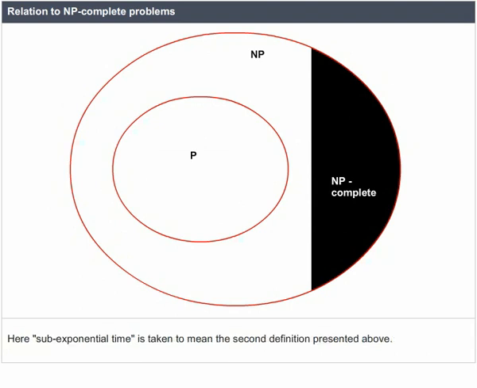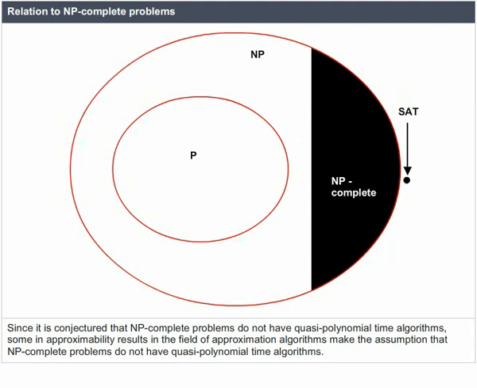Here, sub-exponential time is taken to mean the second definition presented above. This conjecture for the k-SAT problem is known as the exponential time hypothesis. Since it is conjectured that NP-complete problems do not have quasi-polynomial time algorithms, some inapproximability results in the field of approximation algorithms make the assumption that NP-complete problems do not have quasi-polynomial time algorithms.